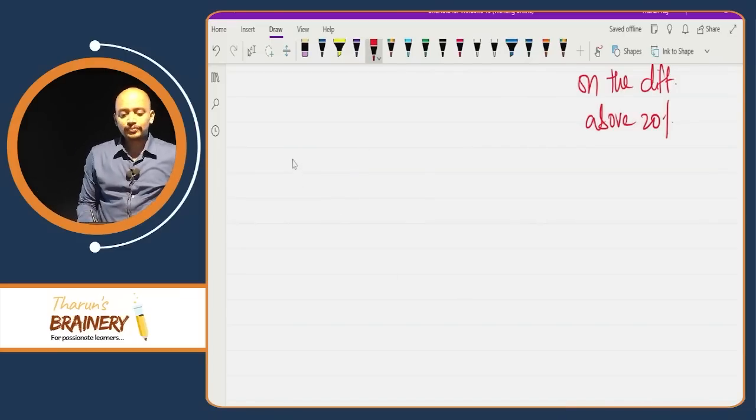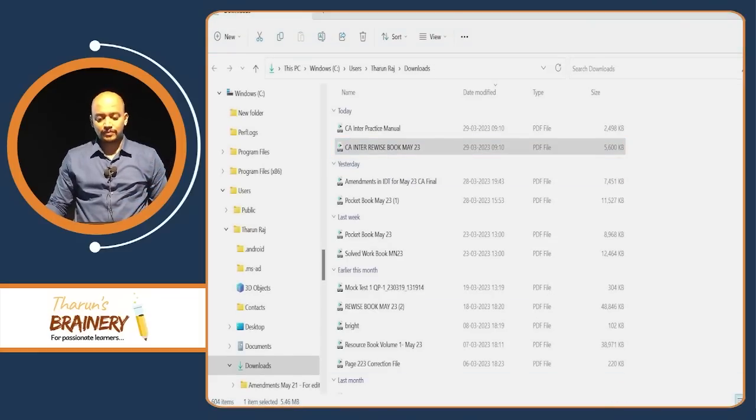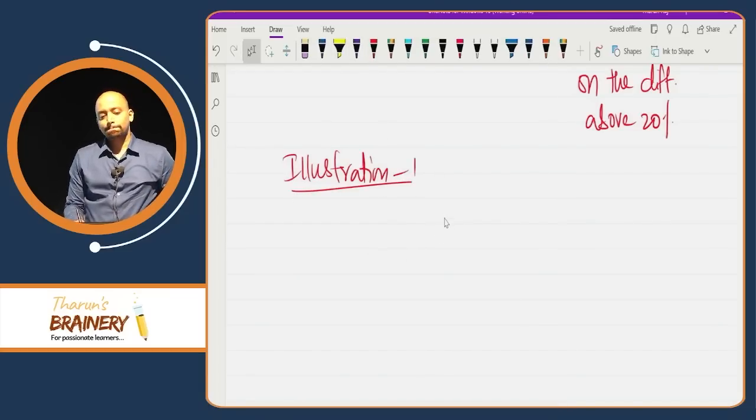Illustration 1. Registered person, unregistered person.